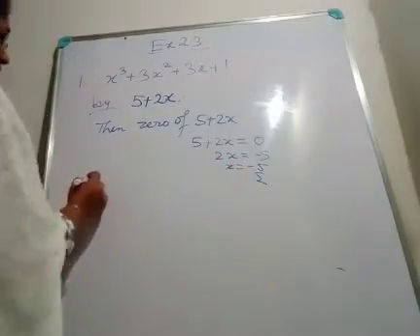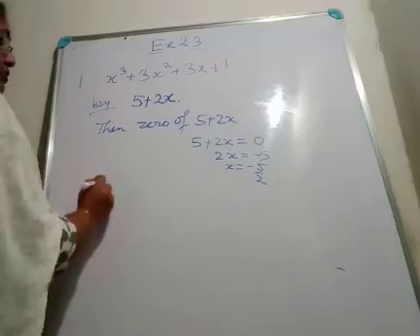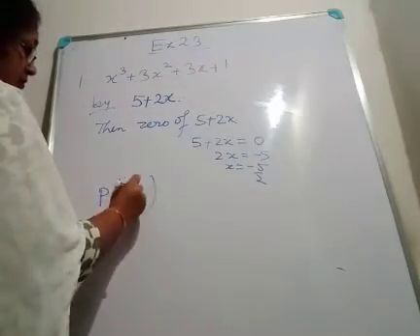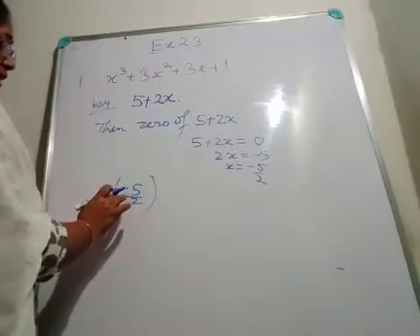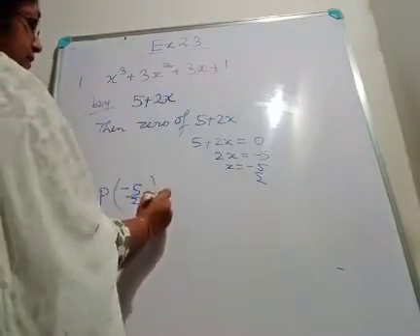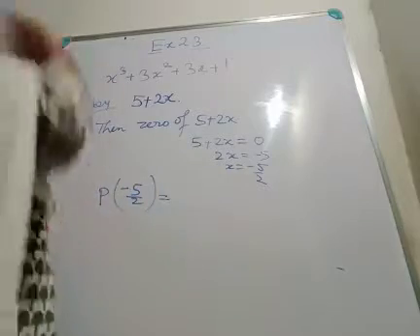So this is the factor theorem, okay students? Now write down. Putting the value of x as minus 5 by 2 in this polynomial, let us see what remains.